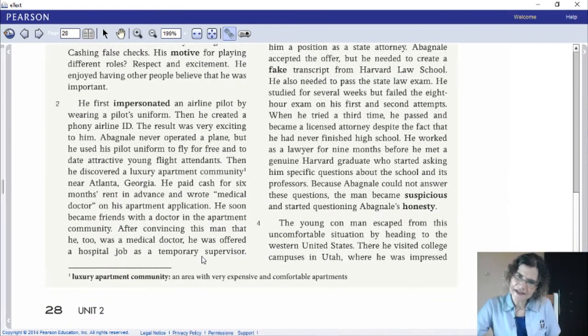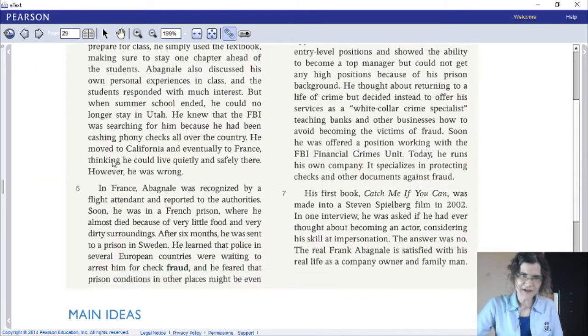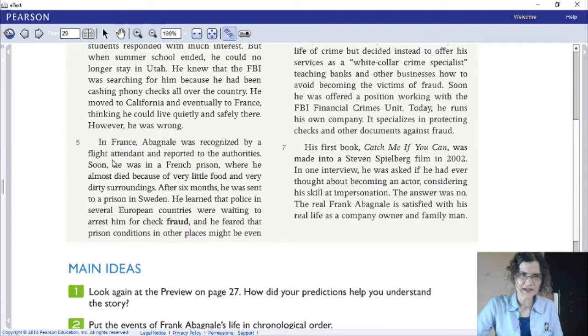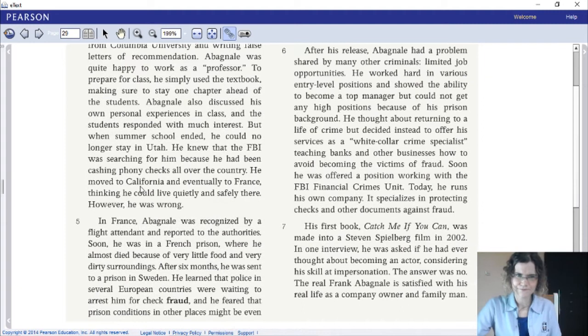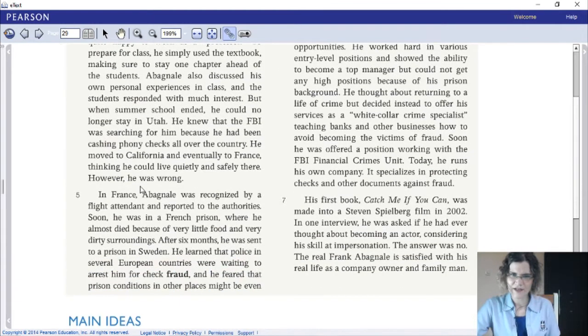The young conman escaped from this uncomfortable situation by heading to the Western United States. In France, Abagnale was recognized by flight attendants and reported to the authorities. After his release, Abagnale had a problem shared by many other criminals: limited job opportunities. His first book, Catch Me If You Can, was made into a Steven Spielberg film in 2002.